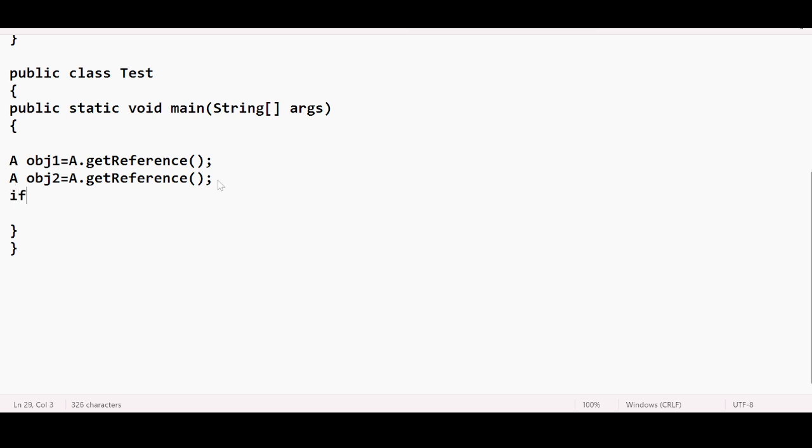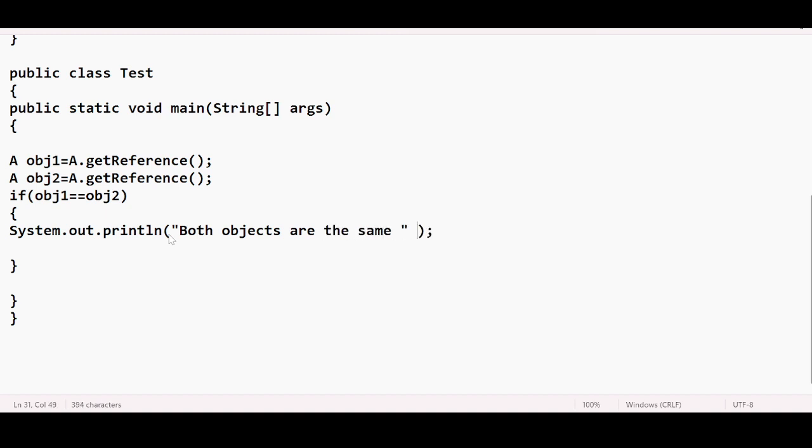Instead of doing all this, I can do a conditional check, like obj1 double equal to obj2. We have created two object reference values. If both are pointing to the same object, it is going to return true, and System.out.println prints that both objects are same.